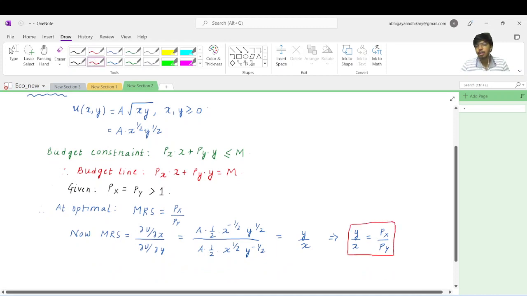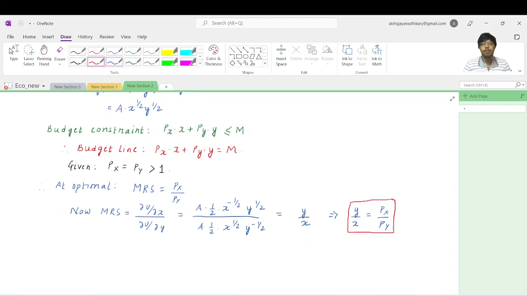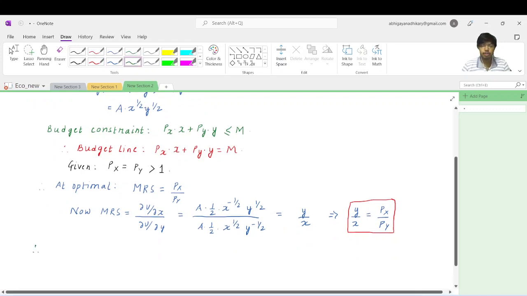This is it. So now what we'll do, we'll replace this in the budget line. Therefore, from the budget line, two times px into x, if we want to find out the optimal x, we'll replace it in this fashion, which is equals to m. So what is x star?